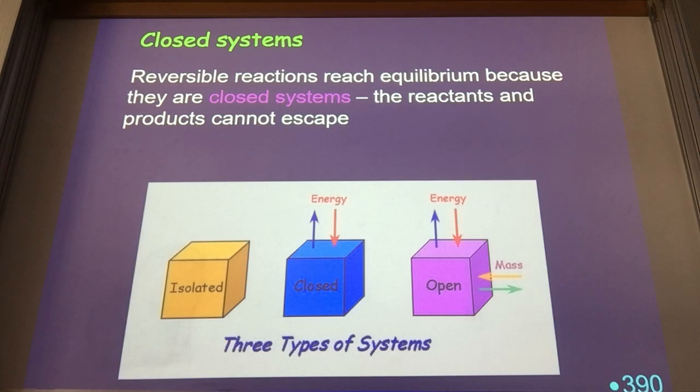A closed system keeps all the chemicals in one spot, prevents chemicals from escaping, but still allows energy to move in or out of the system. An isolated system, on the other hand, doesn't even allow energy to come or go. And that's the end of this little bit.